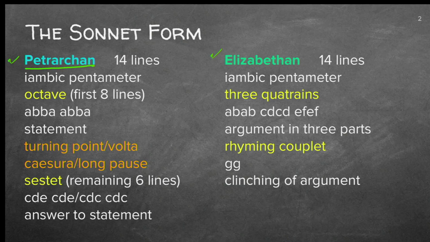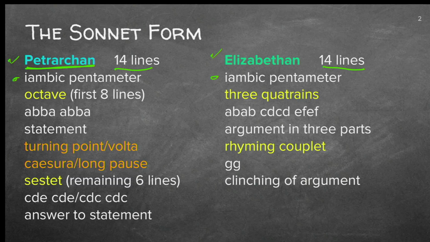Now, the Petrarchan sonnet obviously has its 14 lines, as the Elizabethan will have its 14 lines. That's a given, right? Both of these forms are traditionally written in iambic pentameter. You must have heard about the iambic pentameter.